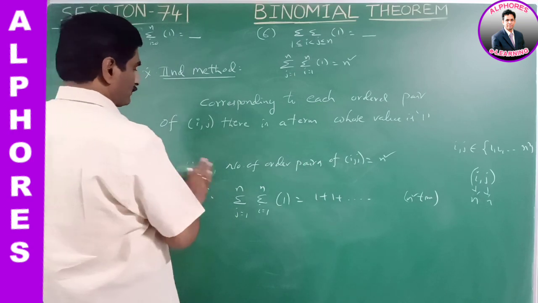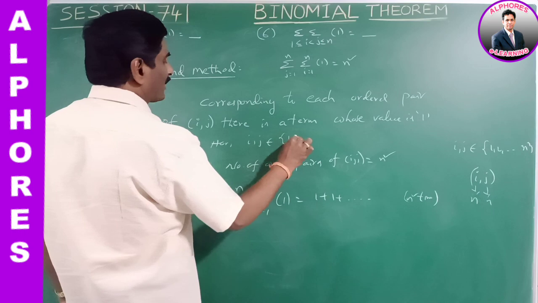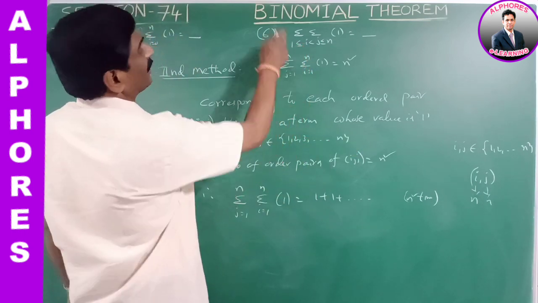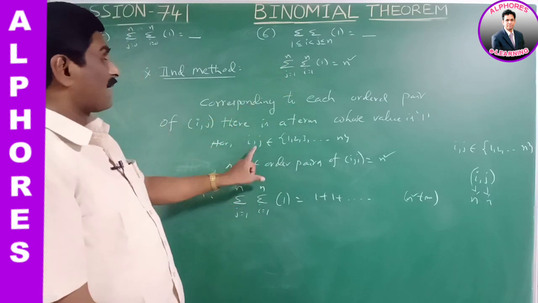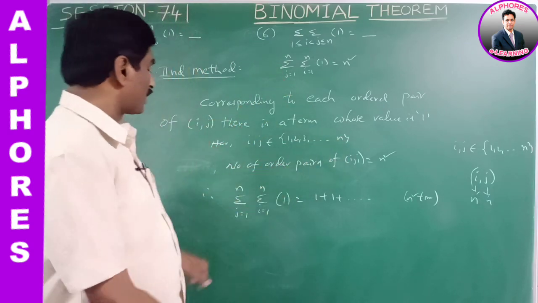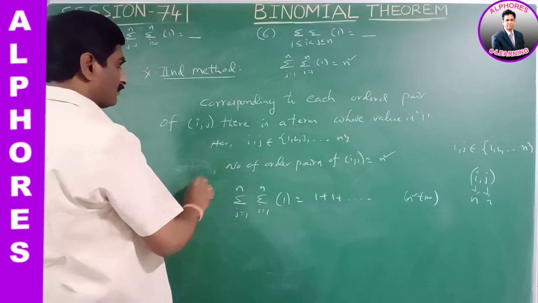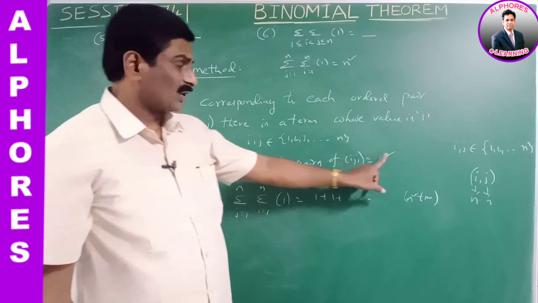Here i comma j belong to 1, 2, 3 and so on up to n. The i value is 1 to n, the j value is also 1 to n. There is no relation between i and j. Therefore, the number of ordered pairs of i comma j is equal to n square. Please write this value.